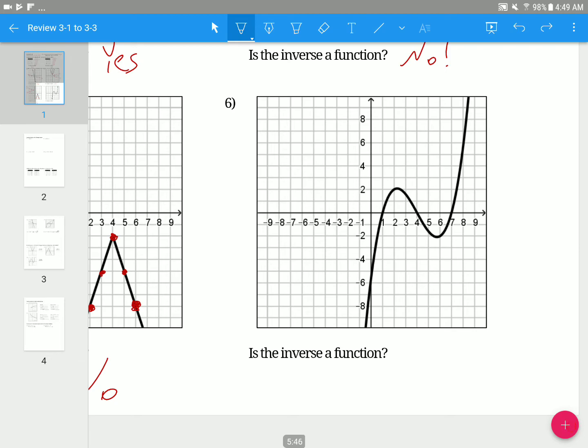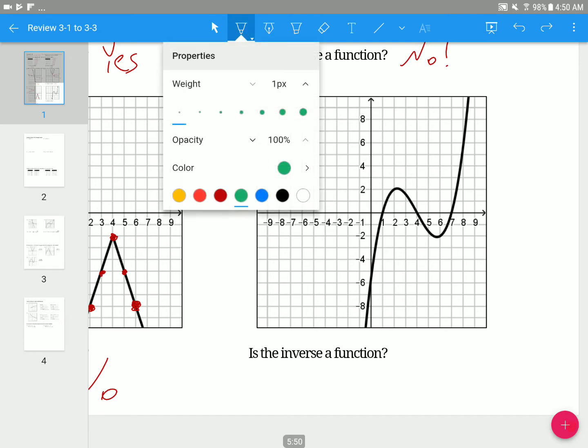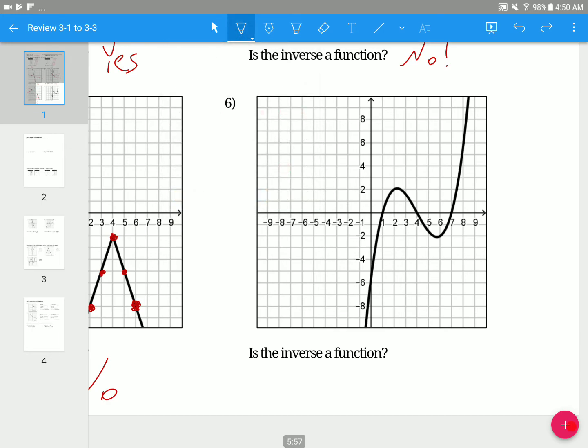All right, so this one's a little more complicated, but you just got to pick more points. Pick a bunch of points. So I'm going to start down here at the bottom at 0, -6. So that's -6, 0. Then I'm going to move up.